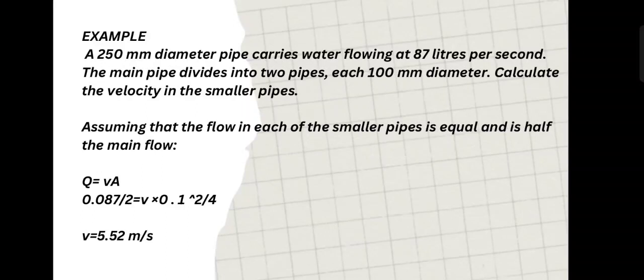Since what is required in this problem is the velocity, we're going to solve for V. Substituting the given values, 0.087 as the flow of the liquid, divided by 2, which is for the two pipes that divide the main pipe, equals V multiplied by the area from 0.1, the diameter of the pipe.